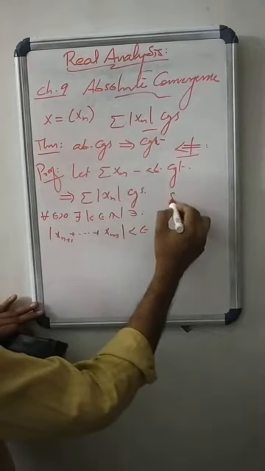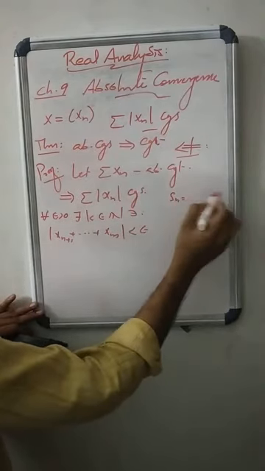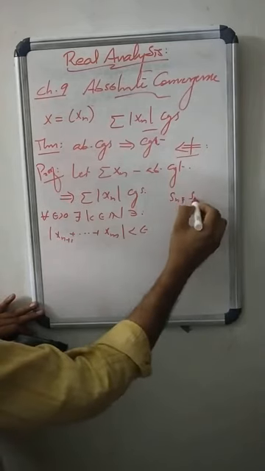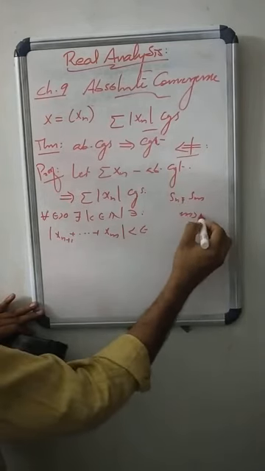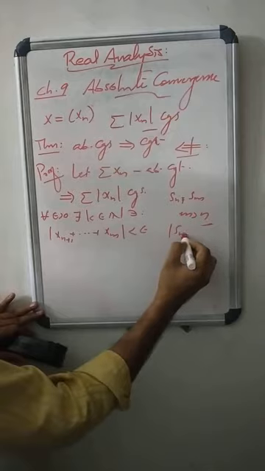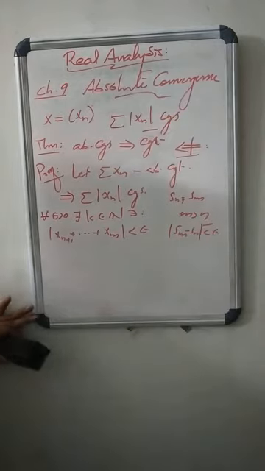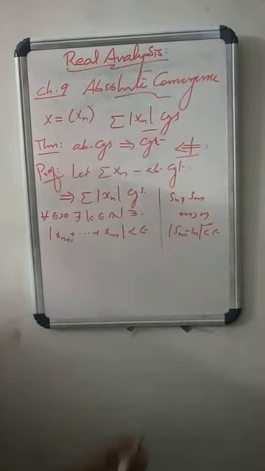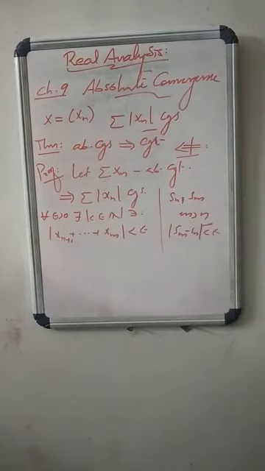Why? Let Sn and Sm be any two partial sums with m greater than n, then by the Cauchy criterion Sm minus Sn is strictly less than epsilon.